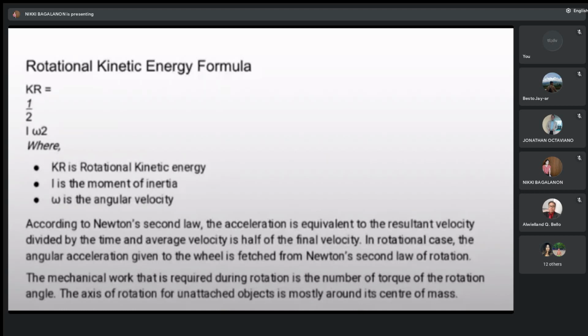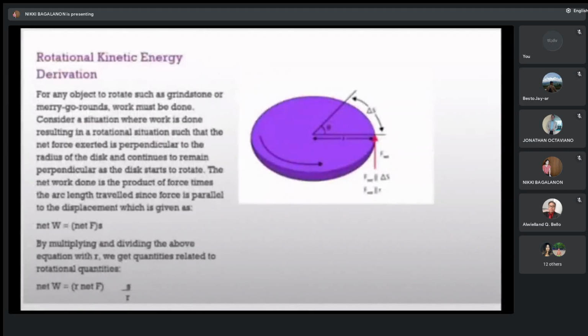In the rotational case, the angular acceleration given to the wheel is fetched from Newton's second law of rotation. The mechanical work required during rotation is the product of torque and the rotation angle. The axis of rotation for an attached object is mostly around its center of mass.